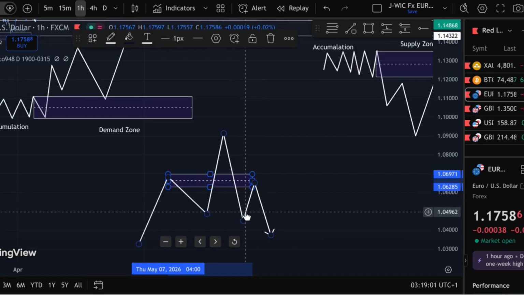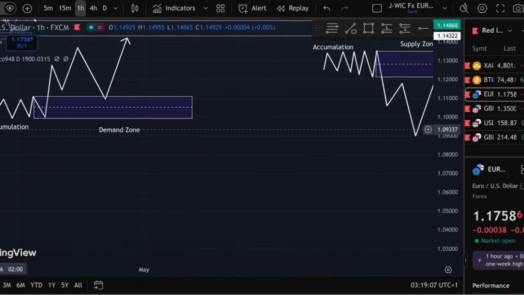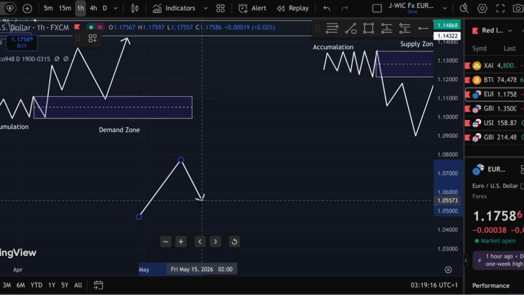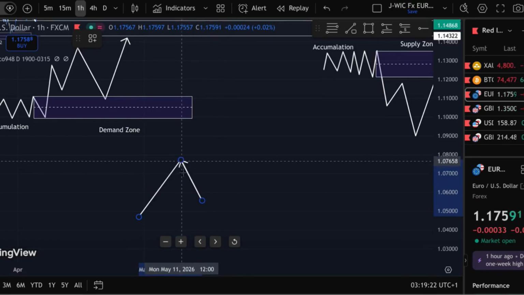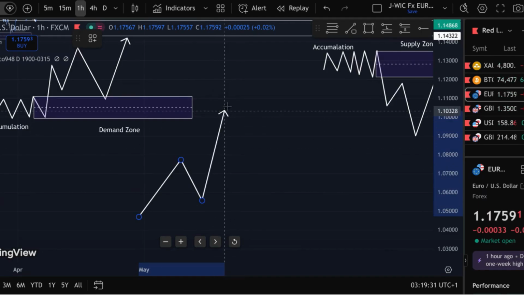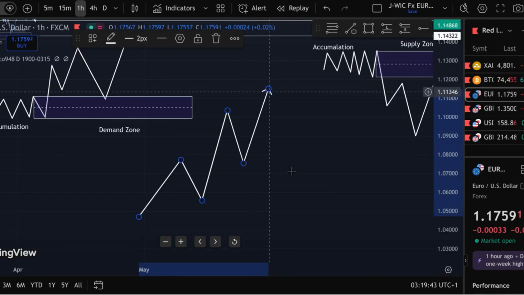So where we had a supply zone, we're expecting the market to react in this zone. Let's say there was an accumulation here, so we're expecting the market to react there and take down. But what happened? It broke above the supply zone, and that supply zone will now turn to become a demand zone. That is where we see flip zones.